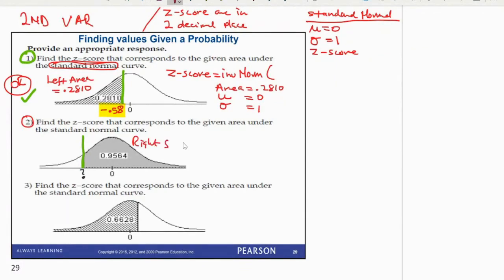So the right side is given, or I'll call it the right area. All right. Now, if the right area is given, then the left area will be 1 minus the value of the right area. In this case, 0.9564. So somebody should tell me what the value of the left area would be. And you could put it in the chat if you know.